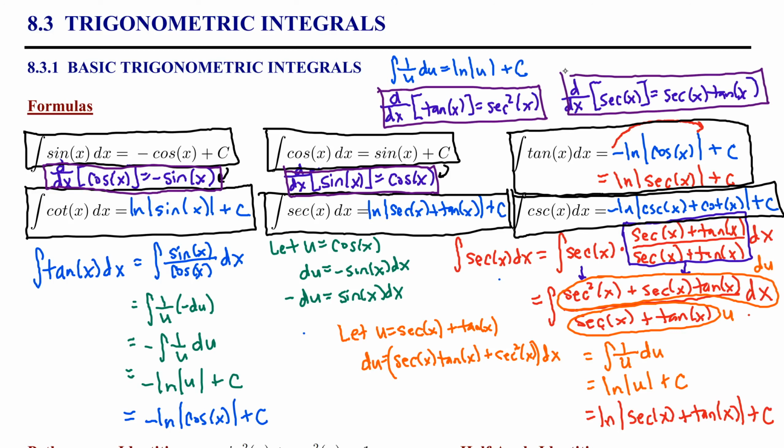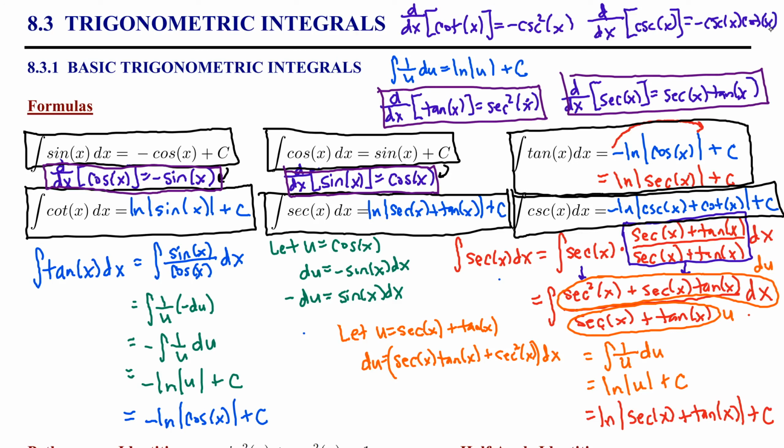So make sure that you know those. And just to make sure we have a complete list, there are 2 missing derivative formulas. Let's add them. The derivative of cotangent of x is negative cosecant squared of x, and the derivative of cosecant of x is negative cosecant of x cotangent of x.